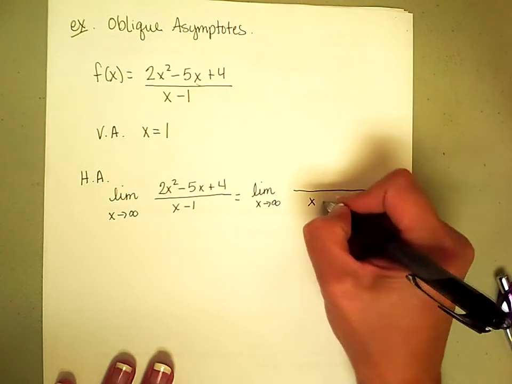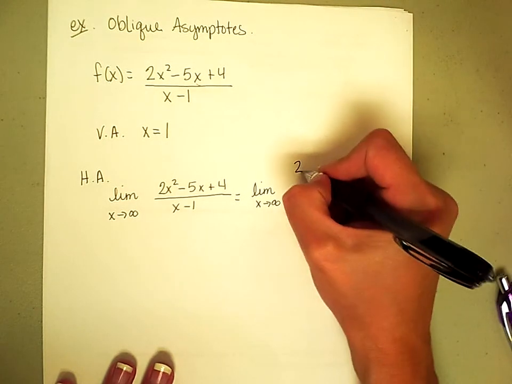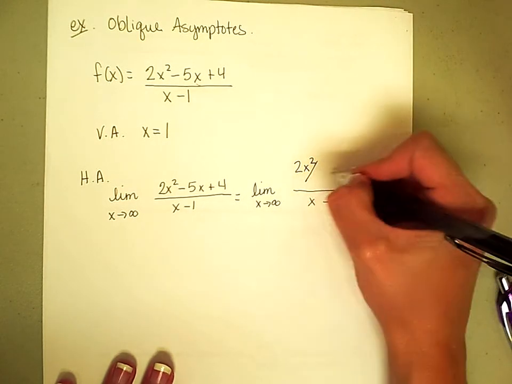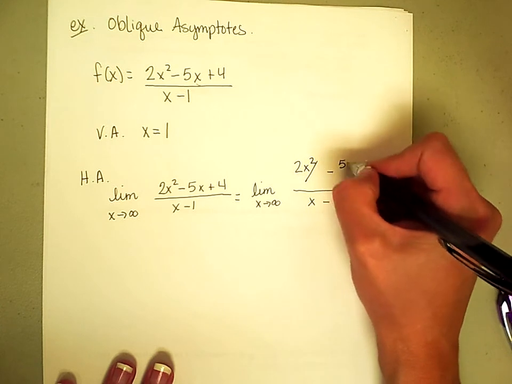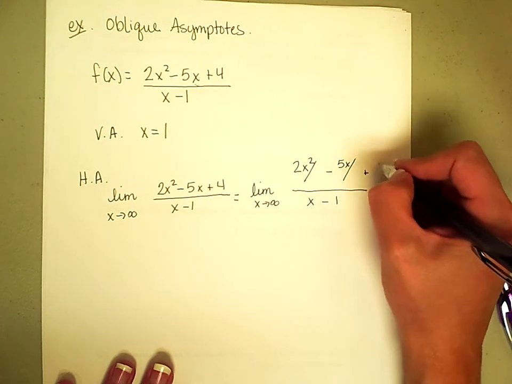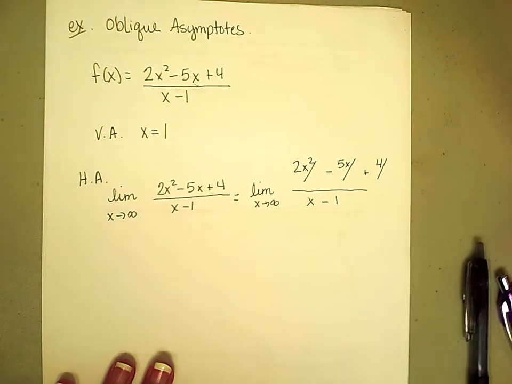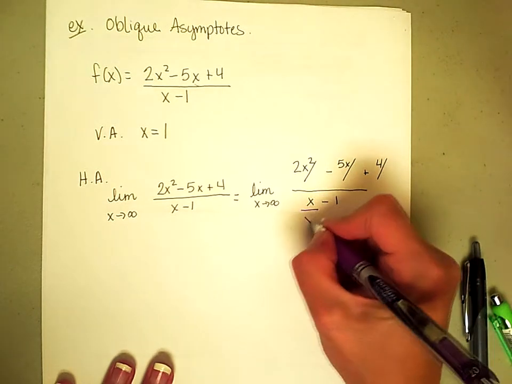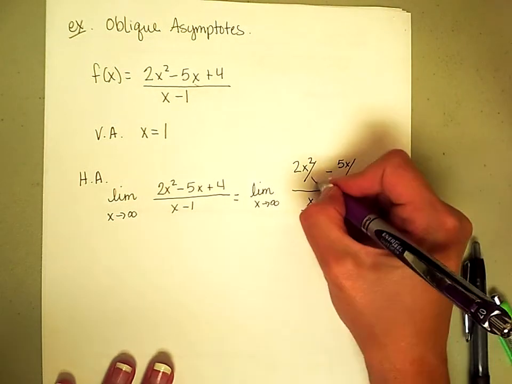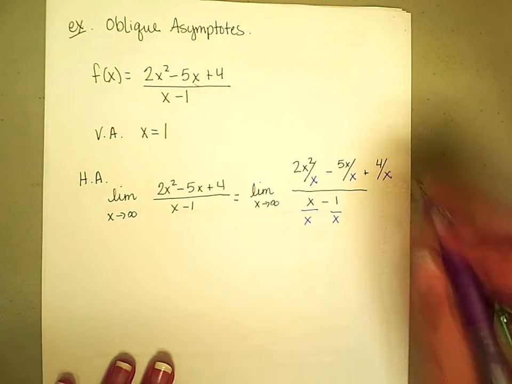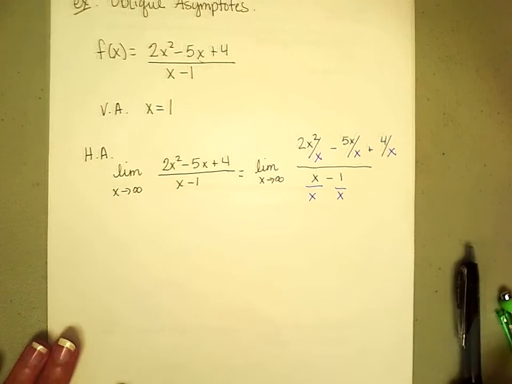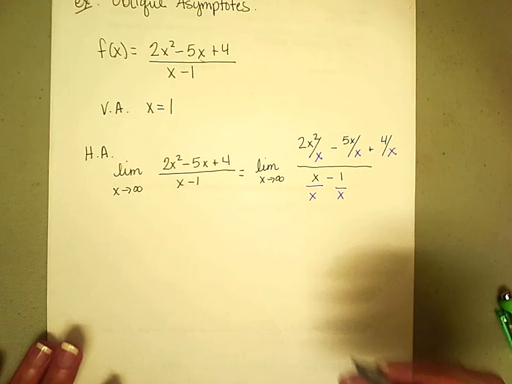So let's do the same trick that we've been doing, and we'll divide through by the highest power of the denominator. In this case, the highest power is x.